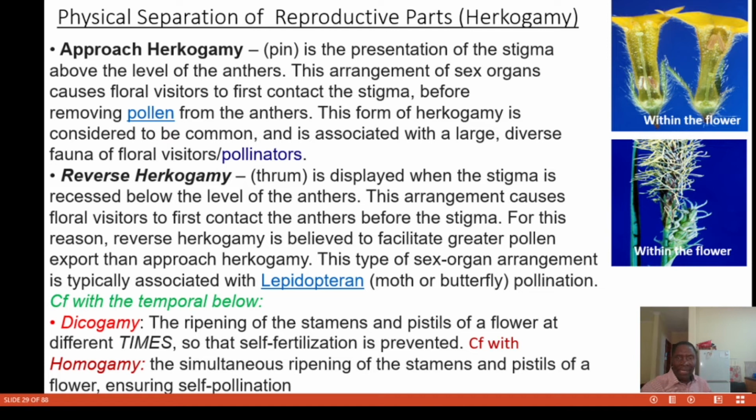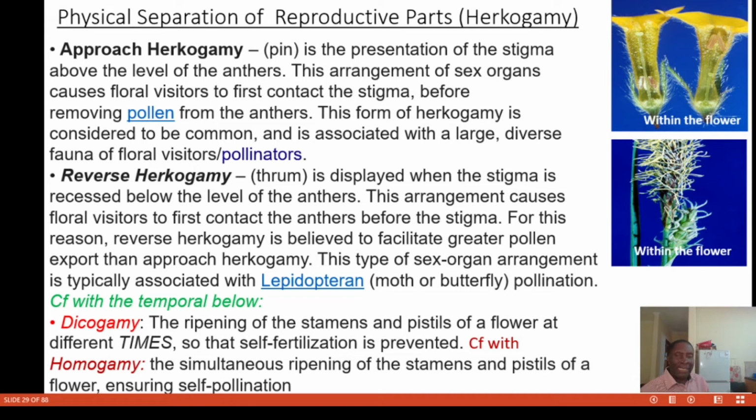You compare that with the temporal phenomenon below. Temporal means in time. Dichogamy, the ripening of the stamens and pistils of a flower at different times so that self-fertilization is prevented. But contrast this, compare with homogamy.